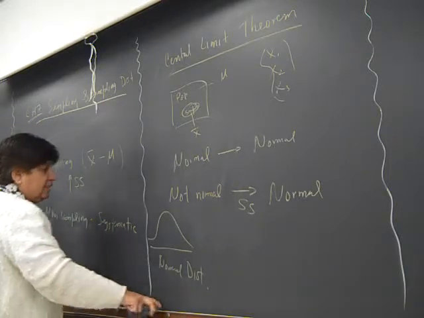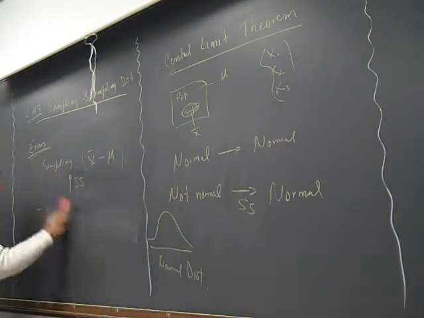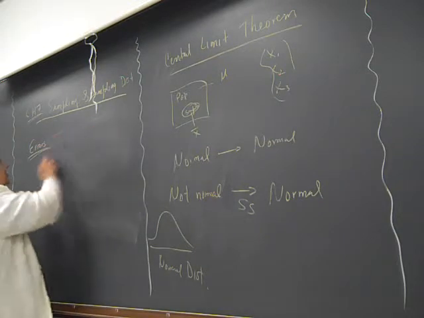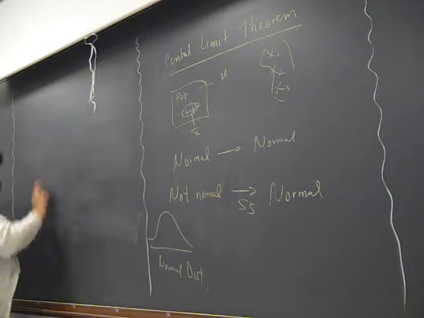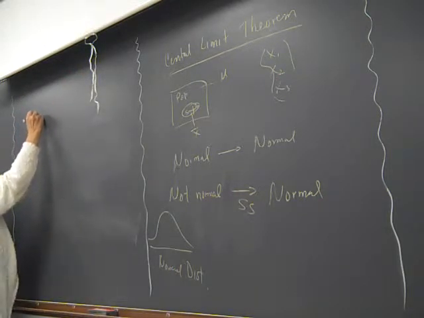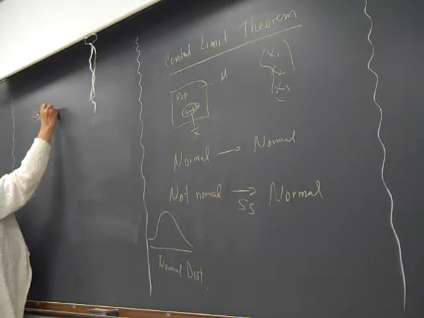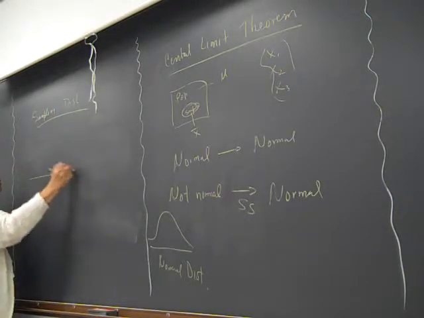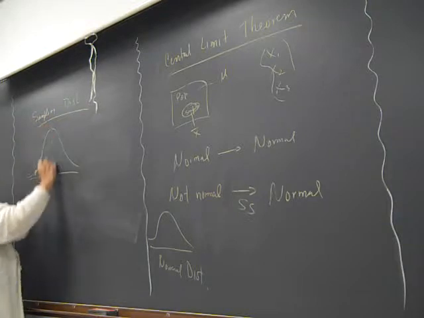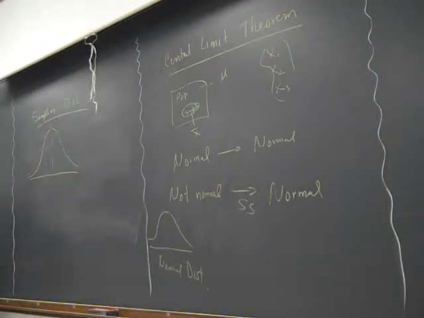Okay? And what are the parameters of that normal distribution, or that sampling distribution? So we have a sampling distribution which is normally distributed. So what does it mean?